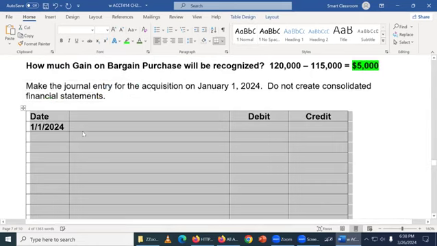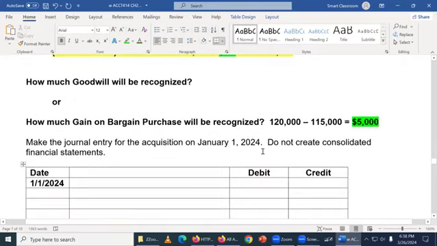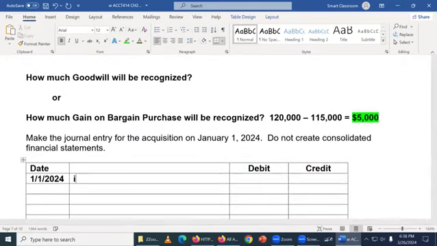So this is where it gets to be a little bit wacky. We have 120,000 worth of identifiable assets. We're going to put that on the books as the investment.